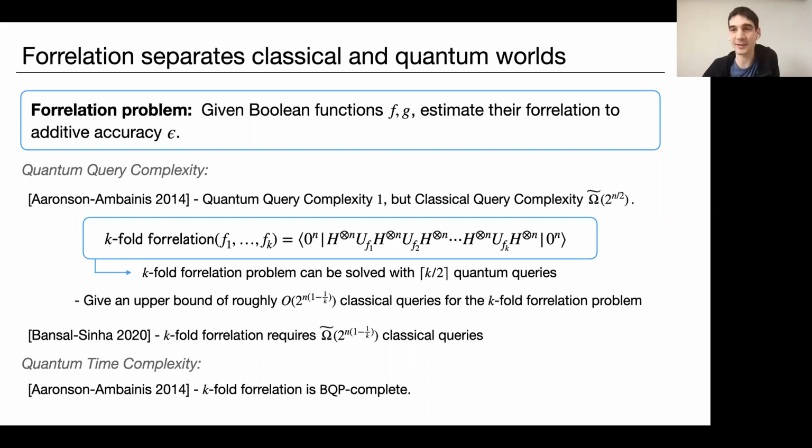This is actually not so surprising, right? We know that the Hadamard and Toffoli gates are universal. So just by interleaving Hadamards and Toffolis, you should be able to get universality in the computational sense. And are you thinking here of a constant k or a k that's polynomial in little n?